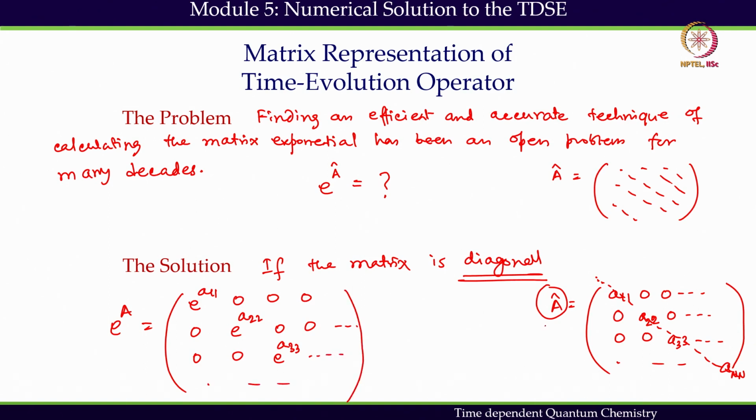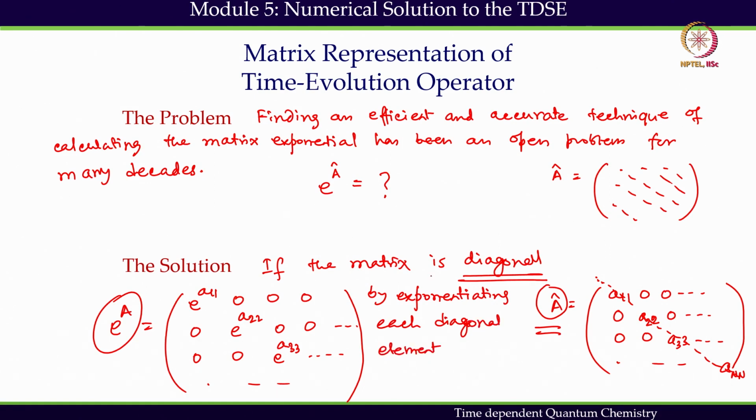So, if A is diagonal, then the exponential of that matrix can be obtained by exponentiating each diagonal element. This is not true for any matrix, it is true only for a diagonal matrix.